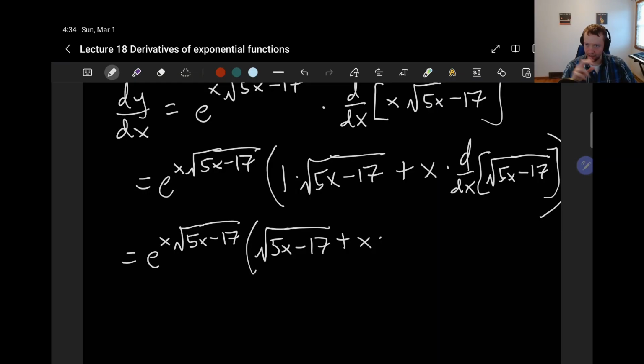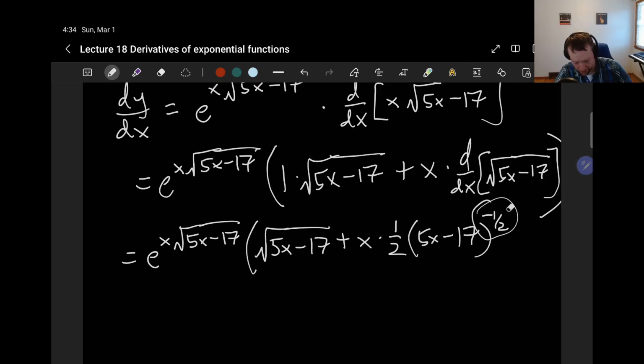So in this case, my quote-unquote outside function is a square root, or taking something to the 1/2 power. So I perform the derivative of that power rule, bring the 1/2 down, times leaving this inside expression alone.